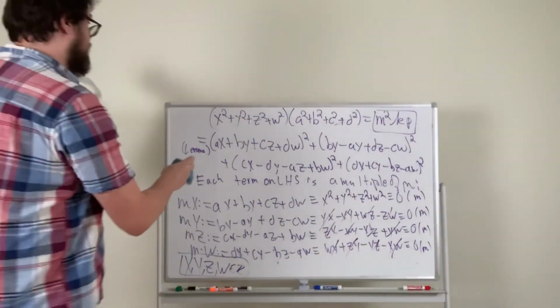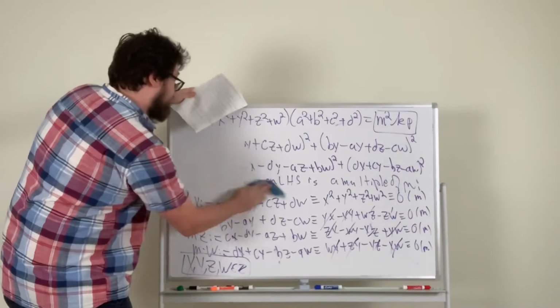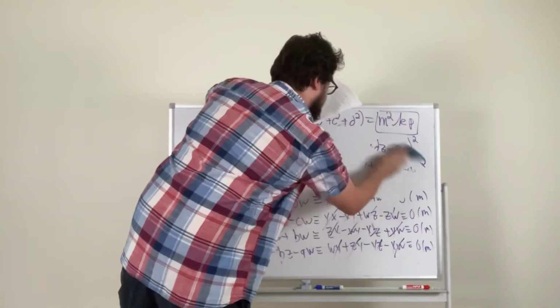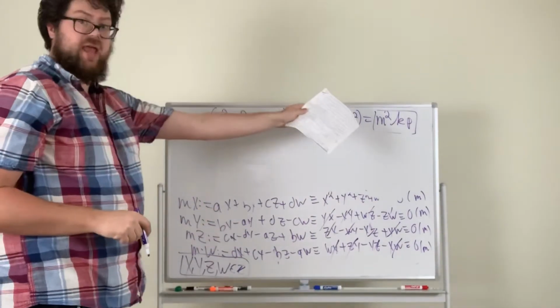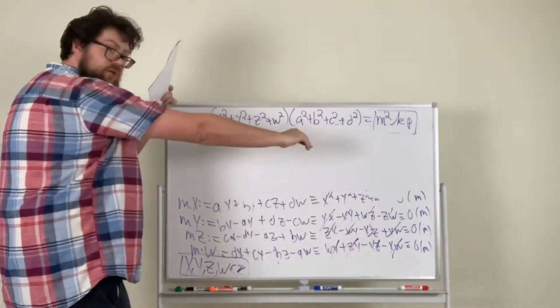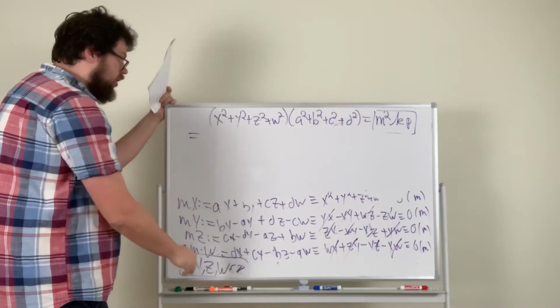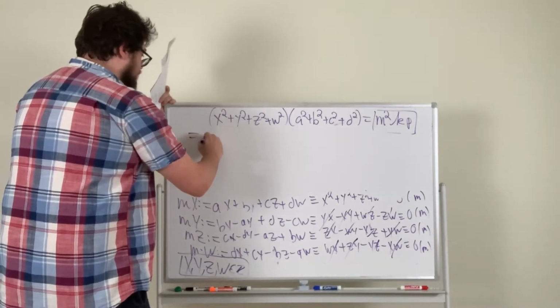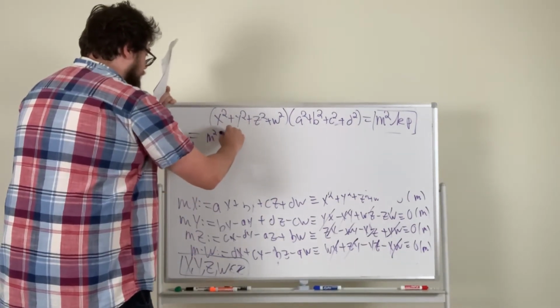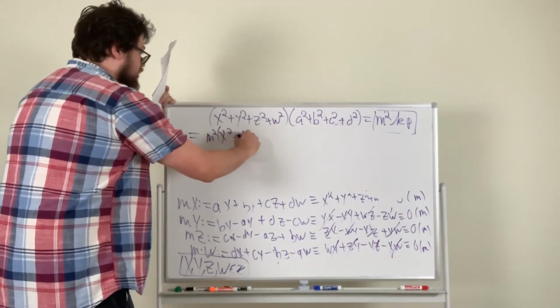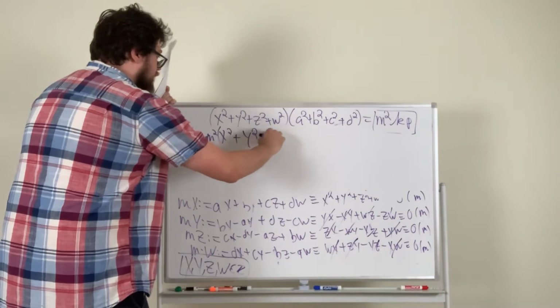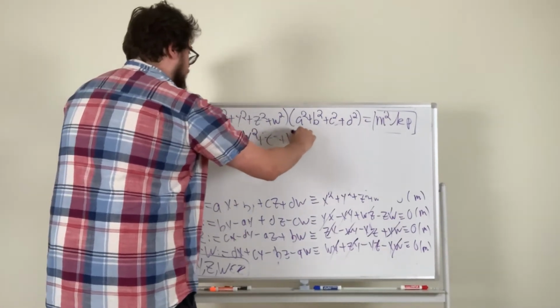So I have this. Okay, I don't need most of this anymore. So m squared kp equals the sum of those four squares. Each of those things I'm calling m times a new variable. So that's m squared X squared. Well, there's going to be an m squared in each term, so I'll factor that out right away. So it's m squared times X squared plus Y squared plus Z squared plus W squared.